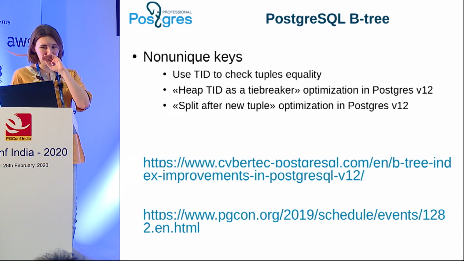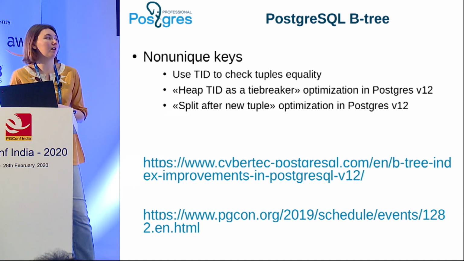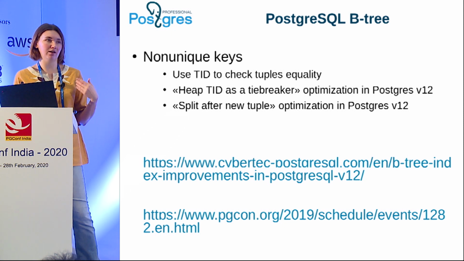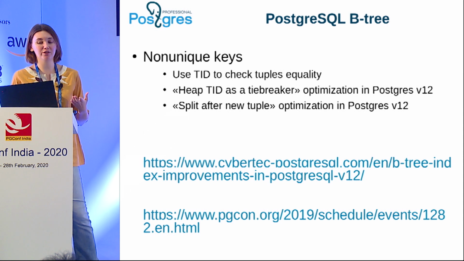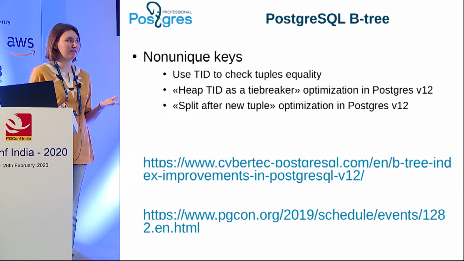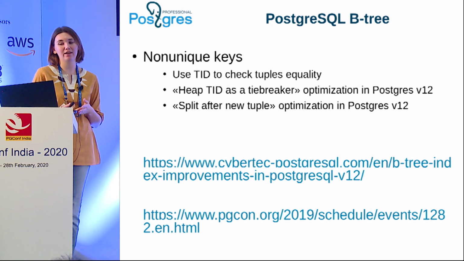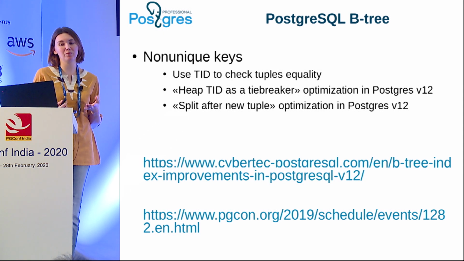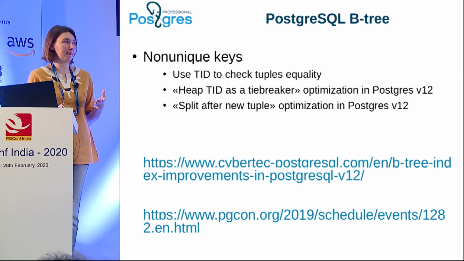The idea of this optimization is that now tuple ID is considered to be just one more column of this index. It simplifies the implementation of the B-tree algorithm, which is always good because you will get fewer errors while coding, and it also improves performance when you work with some specific workloads.